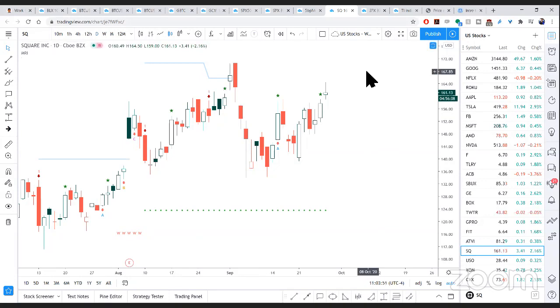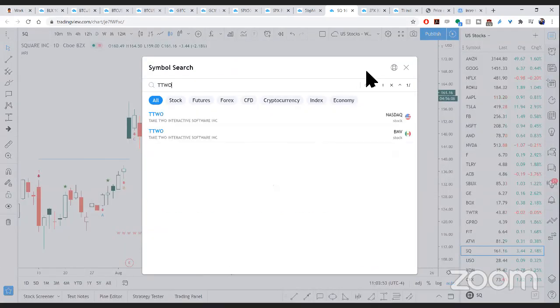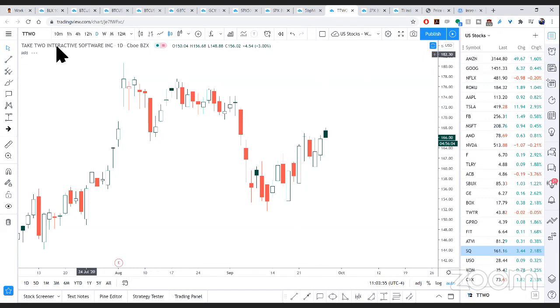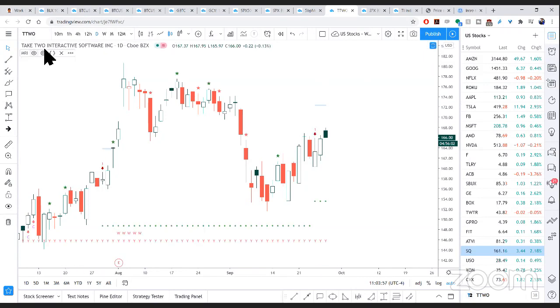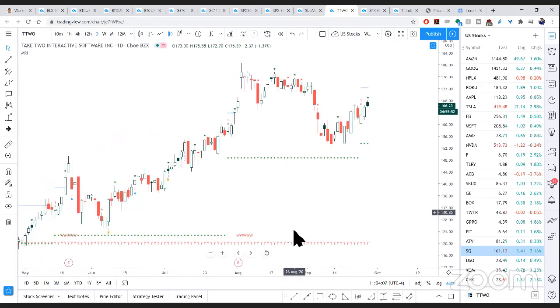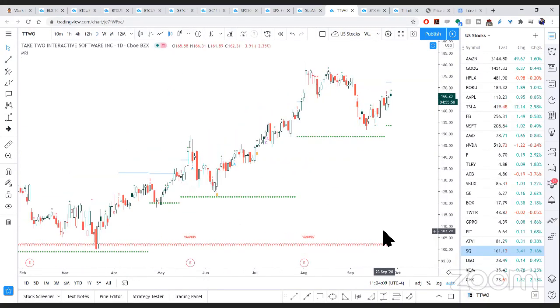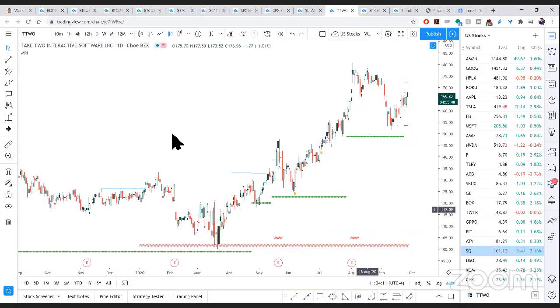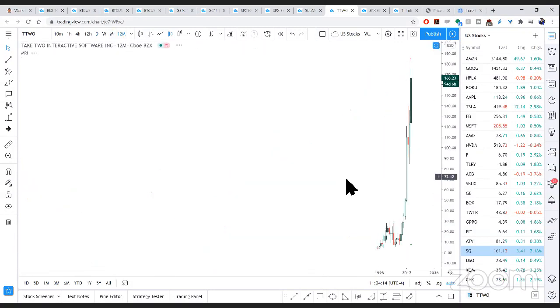And what's the other one? TTWO. No, it's not. It's Take-Two Interactive, whatever it is. So nice weekly MRI top. And this whole year was going to be tricky. Had a yearly top. Wow, this thing has really been going up.